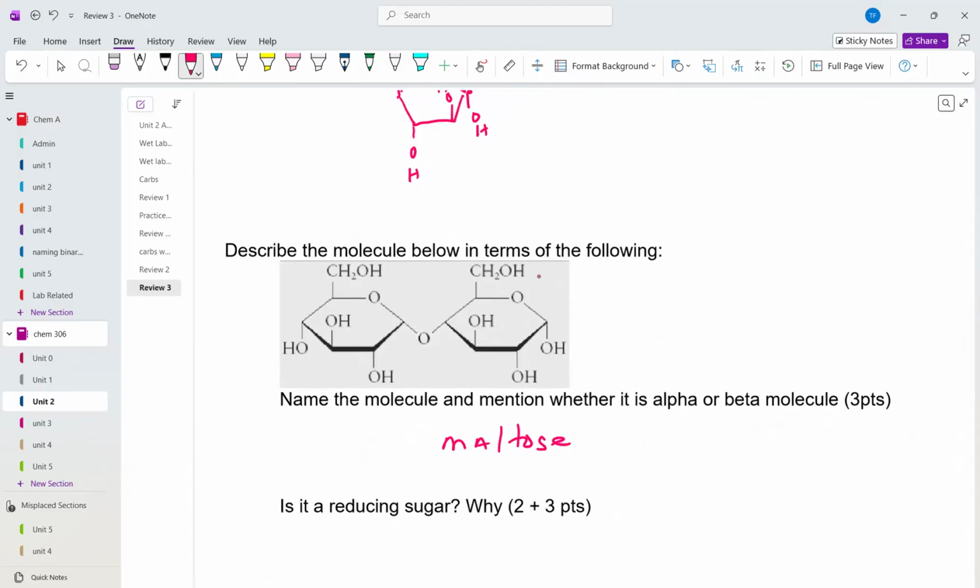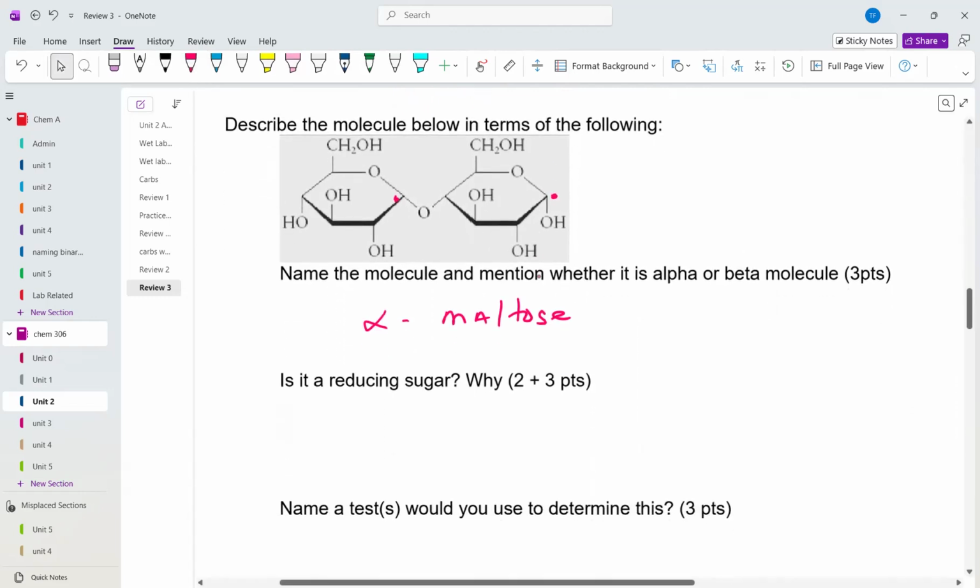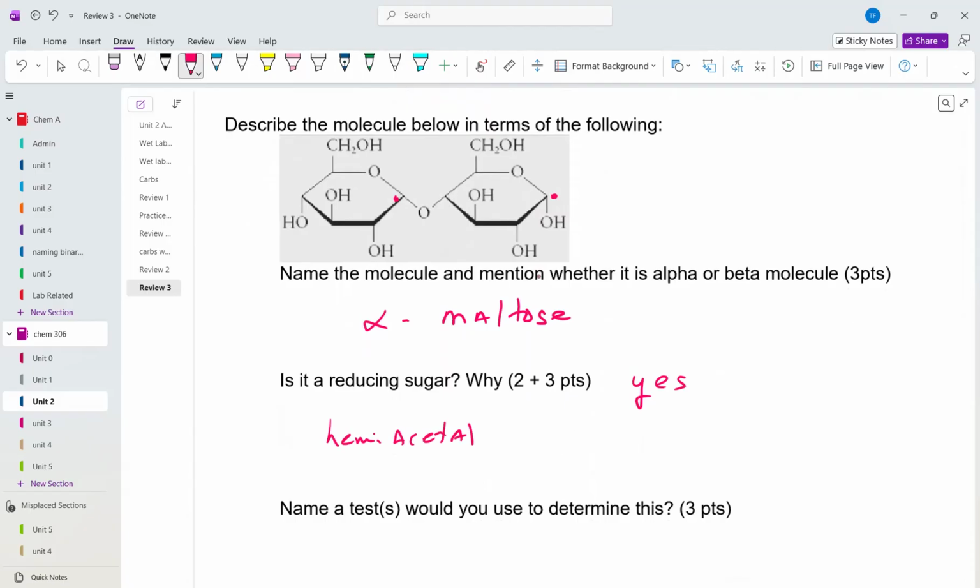And it's going to be alpha maltose because of the anomeric carbon on the right. Is it a reducing sugar? Yes. Why? Because it has a hemiacetal here.